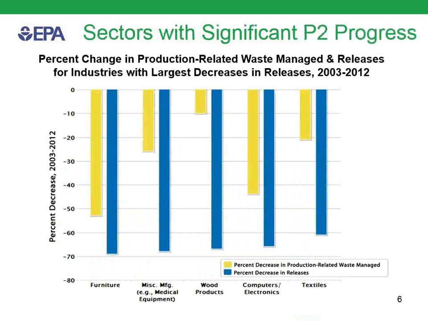But within the overall story, there are actually a lot more significant examples of P2 progress when you look at individual chemicals or sectors. And that's important because many of you, or us at EPA also, we're not working on everything all at once. You'll be working in a particular situation, and in several circumstances, we've seen that dramatic P2 progress seems to be possible.